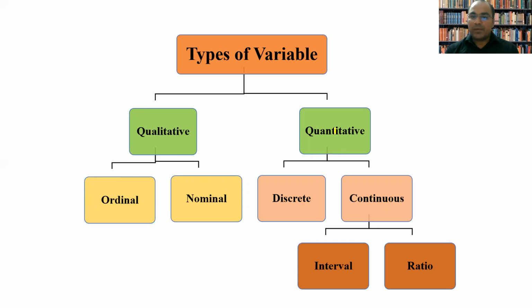And quantitative variable has two parts, discrete variable and continuous variable. And again, continuous variable is divided into two parts, interval and ratio. So this is the basic sequence of types of variable. Now we'll understand one by one.